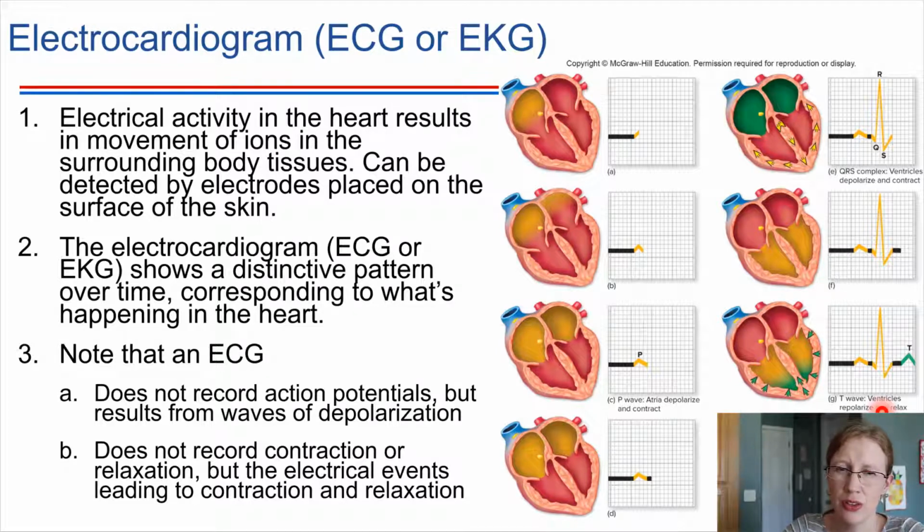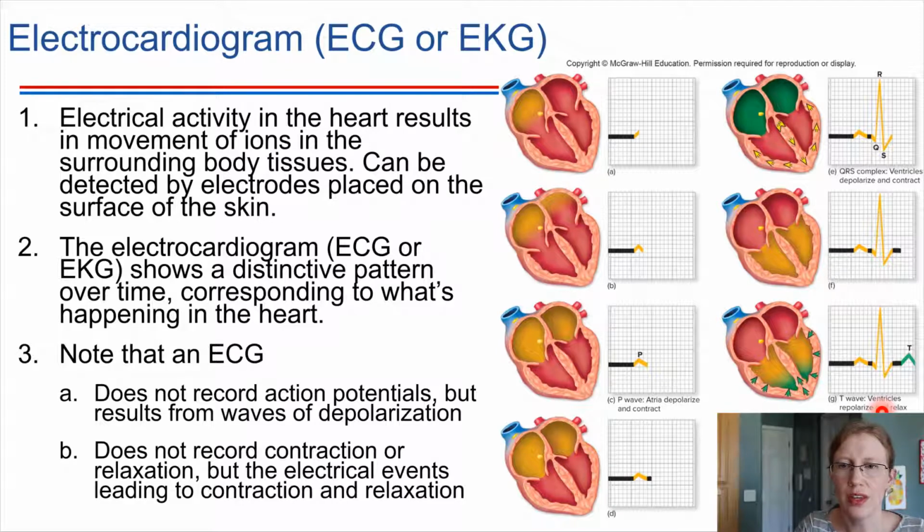It's not measuring muscle contractions. Rather, it's just measuring the depolarization in the vicinity around the heart. So interestingly, we can understand a lot of information about what's going on in the heart just due to this snapshot graph, but it's important to keep in mind what it is and what it is not.